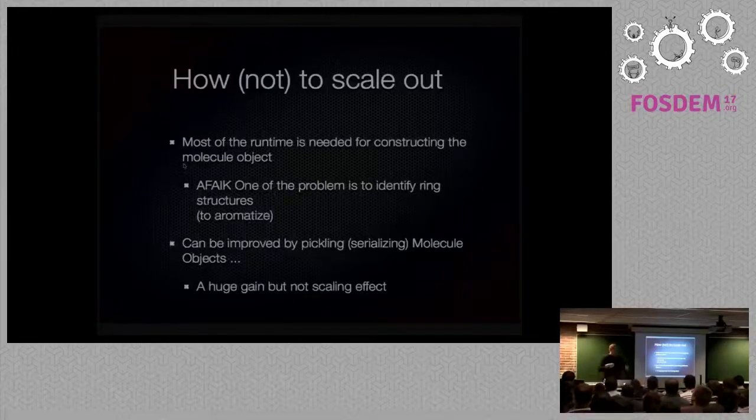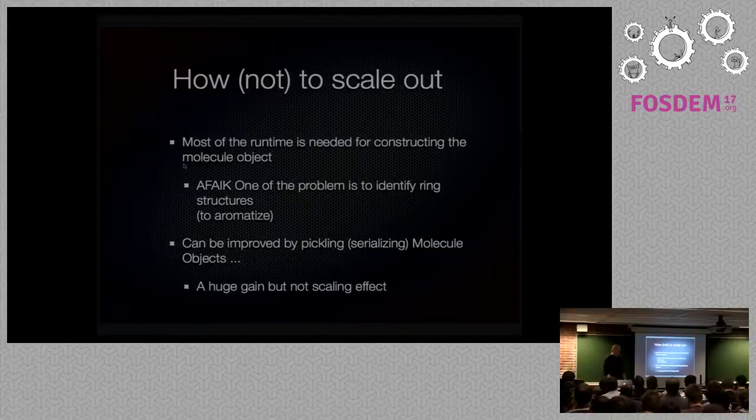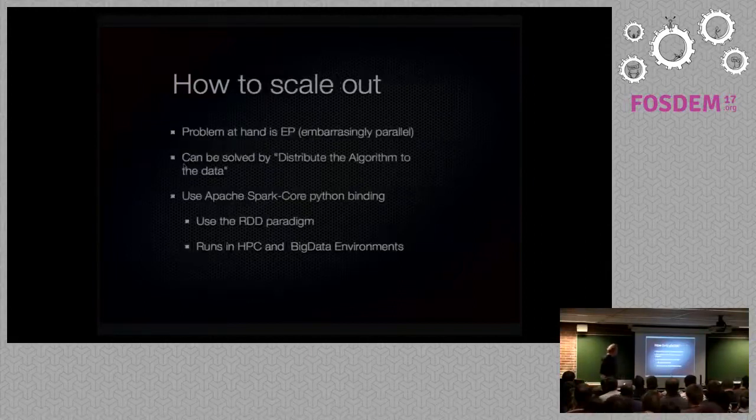You can dump it to a file, so you do not have to reconstruct all the molecules every time. That's a huge gain in runtime, but it does not scale anything. We are looking for scale, so in order to make the program faster, throwing more machines at it.